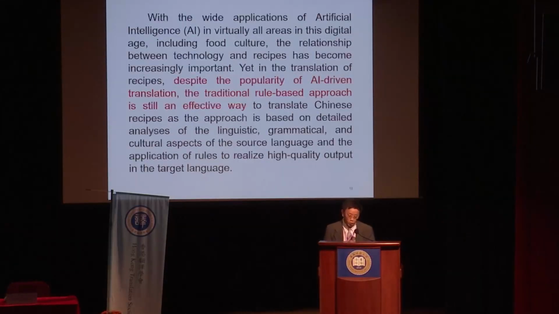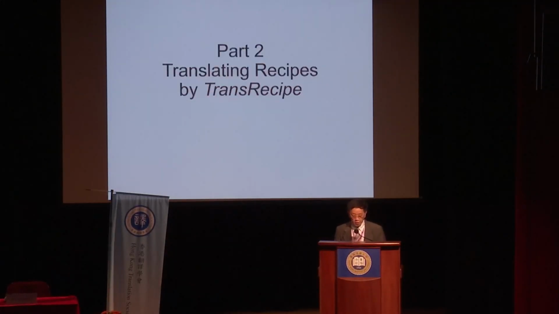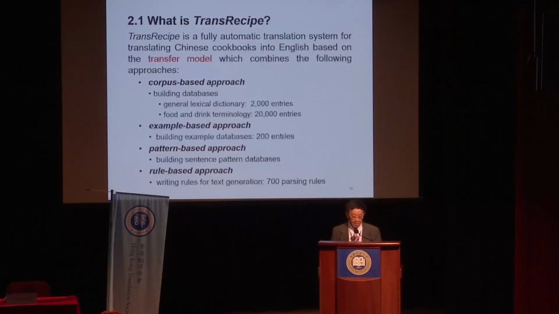But to adopt the rule-based approach, we have to do a very detailed analysis of the linguistic, grammatical, and cultural aspect of the source languages and apply rules to realize high-quality output in the target language. So that comes to part 2, where we talk about how to translate recipe by the system TransRecipe.